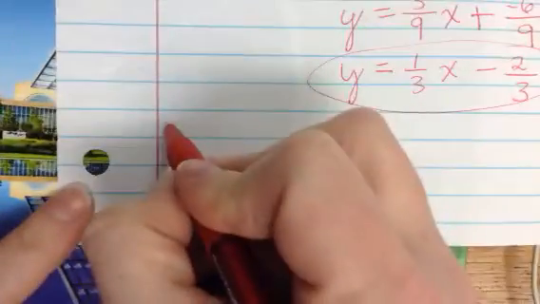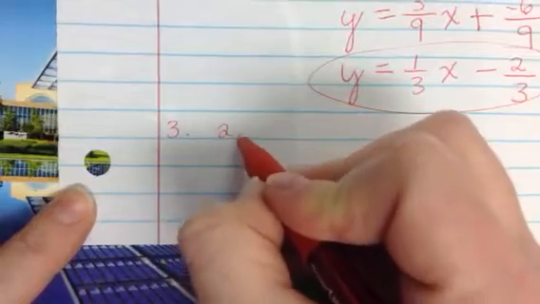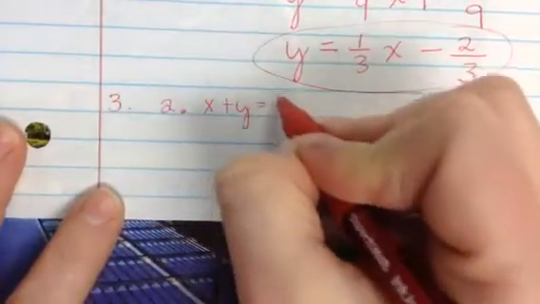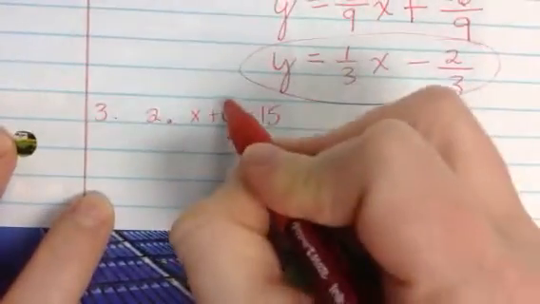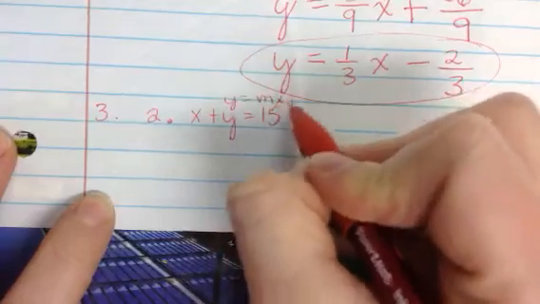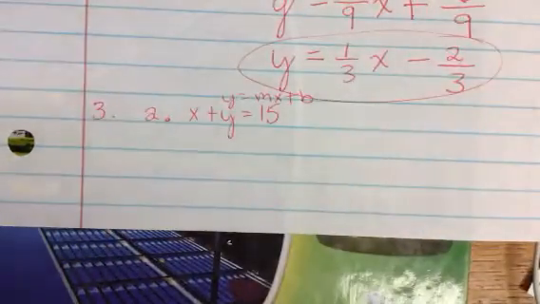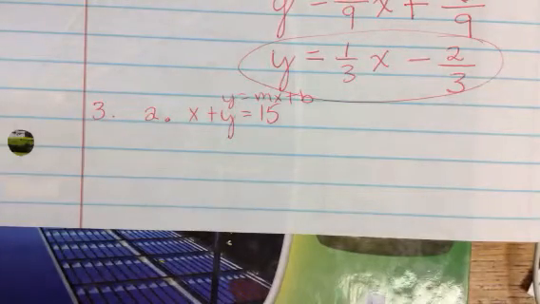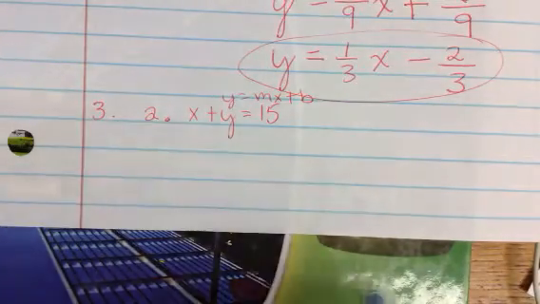So on the next page in my journal, I'm going to label it as 3A. So we had x plus y equals 15, but my goal is y equals mx plus b, because that way I can know that the b number tells me where to begin graphing, and the m tells me how much to move from that b number.